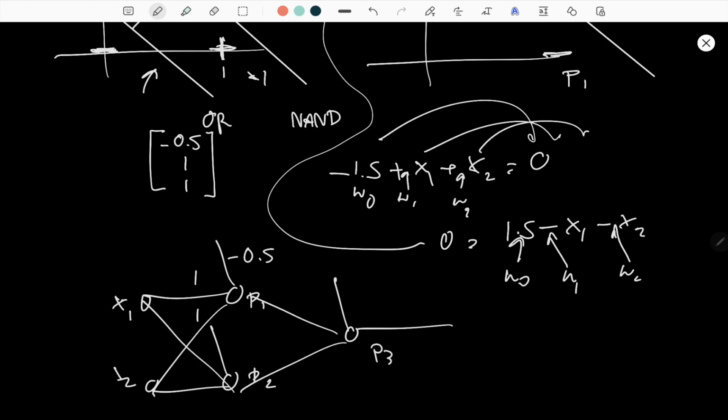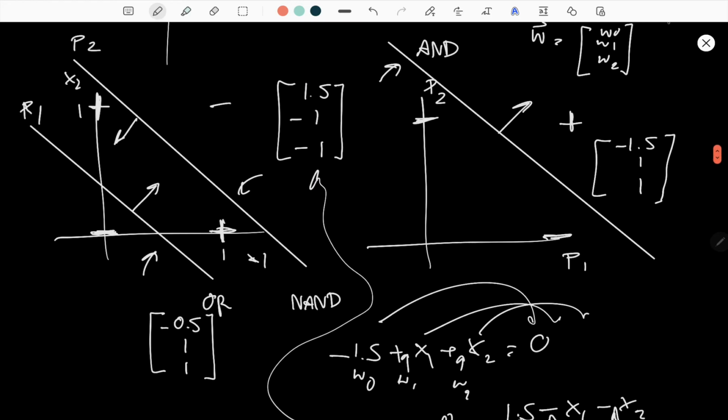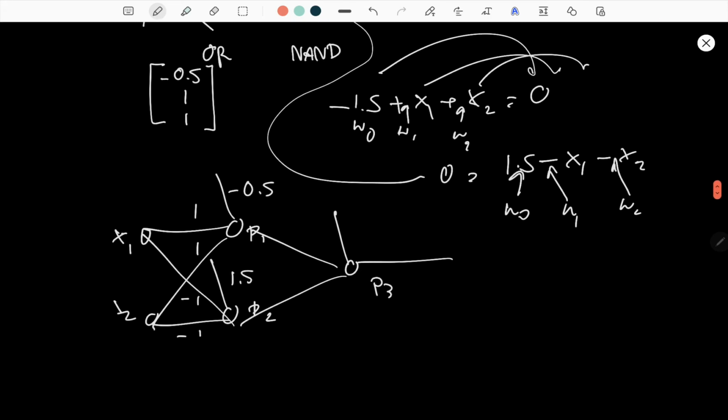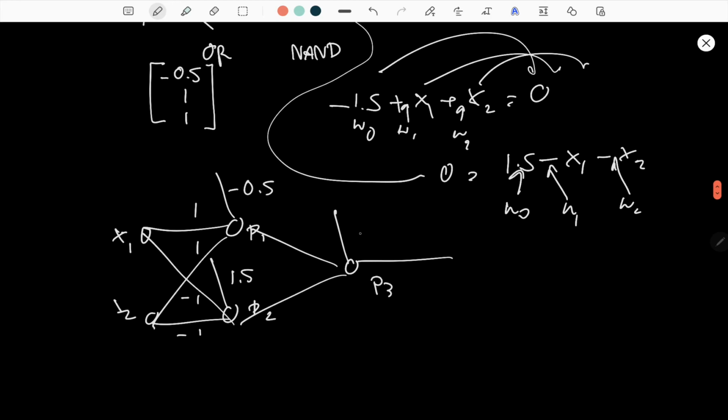And for P2, it is NAND, so this one is 1.5 and minus 1 and minus 1, the weight of NAND. And the last one is AND, which is minus 1.5 and 1 and 1. And this is the output.